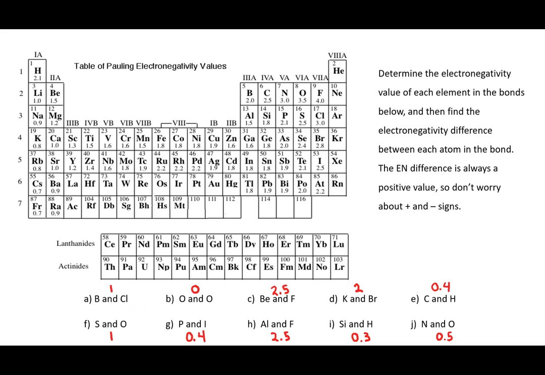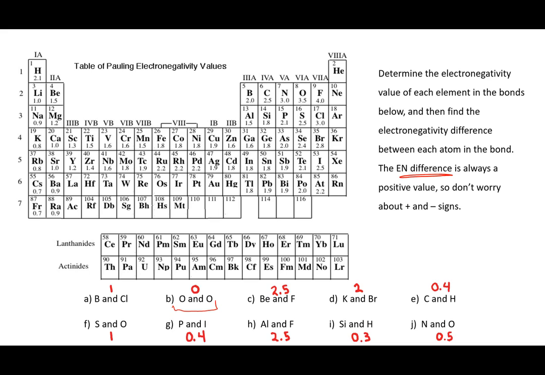Okay, so hopefully you did that. What we have here is the electronegativity value difference. So we're concerned with just the difference between the two. Like we said, boron and chlorine has a value of 1. The difference between two things that are the same or identical would be 0.